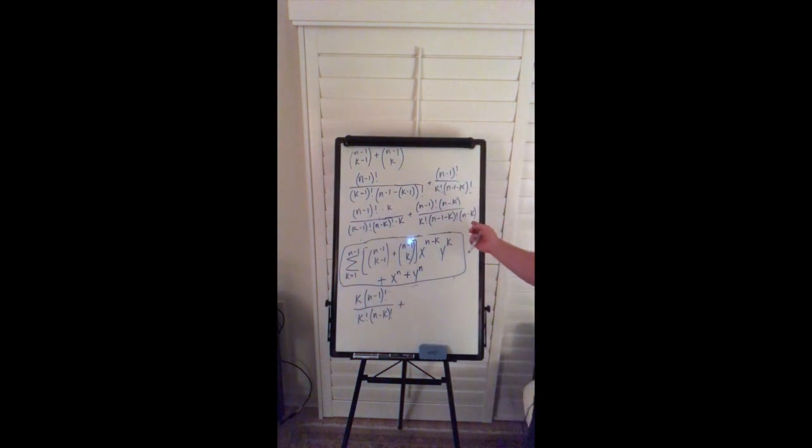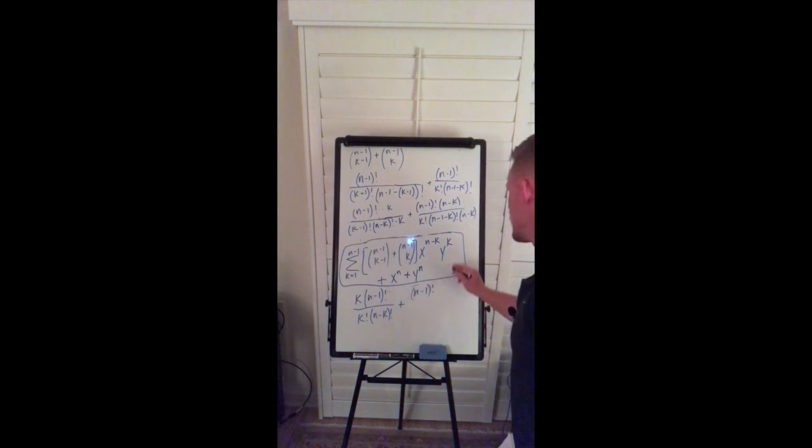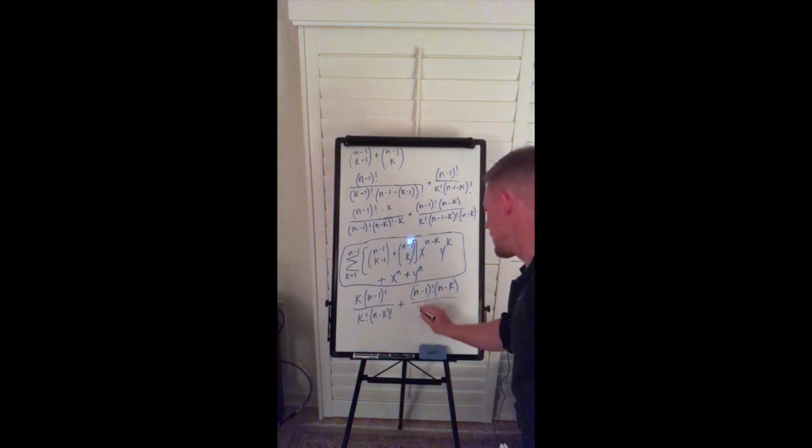And you'll notice over here, n minus k times n minus 1 minus k factorial is the same as n minus k factorial, because we're just doing the next integer up. So here we're left with n minus 1 factorial times n minus k over k factorial times n minus k factorial.